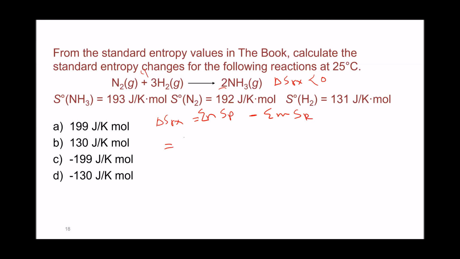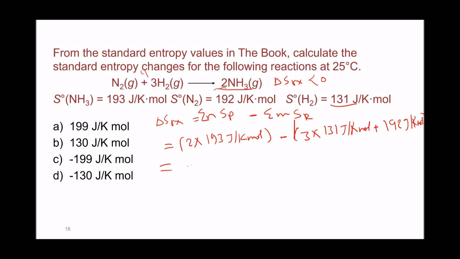So it's going to equal 2 times 193 joules per Kelvin per mole, these are the products, minus the sum of the reactants, which is 3 times 131 joules per Kelvin per mole plus 192 joules per Kelvin per mole, and that is going to give us negative 199 joules per Kelvin per mole, which is the same sign as we predicted in the beginning.